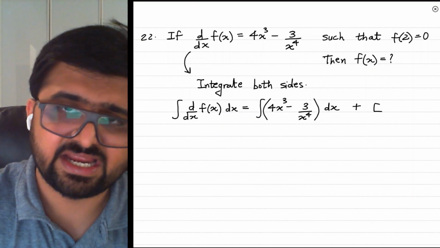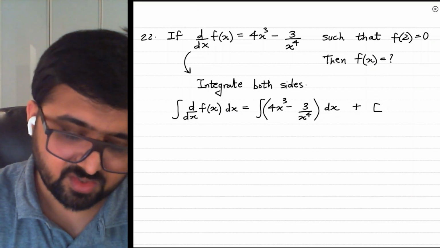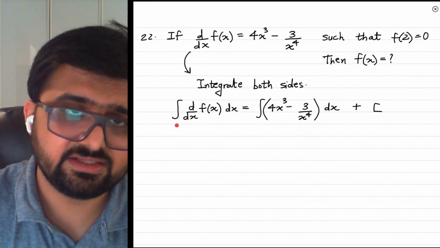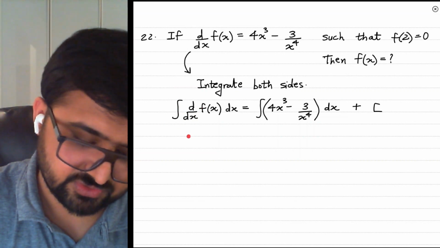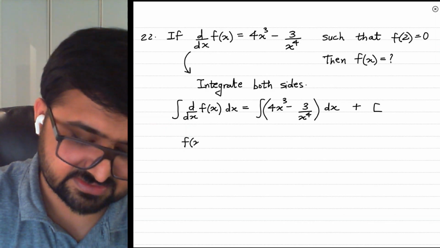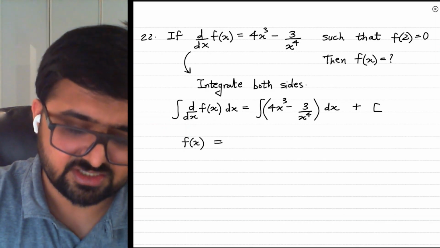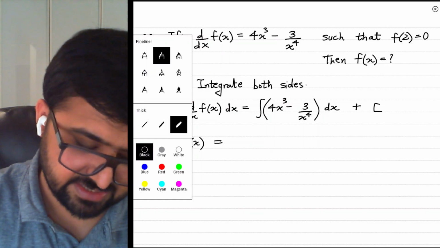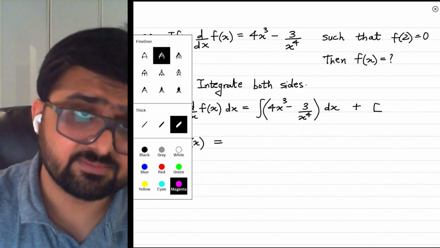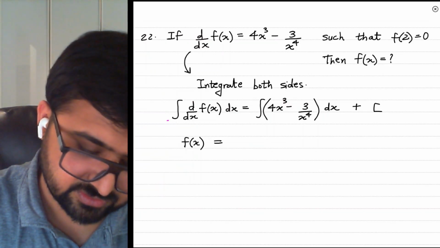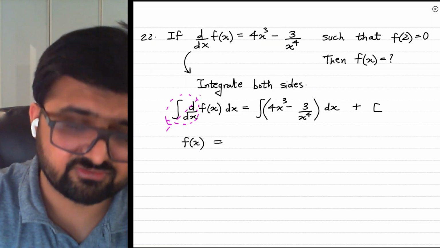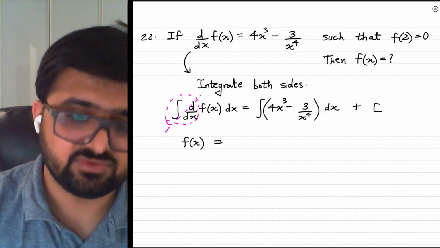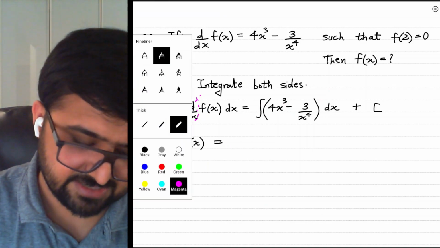Whenever you integrate, just add a constant term c. Now that integral and that derivative will cancel each other out, so you are just left with f of x.